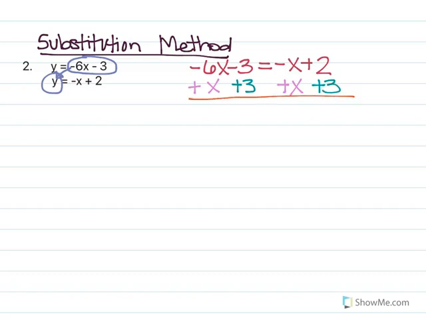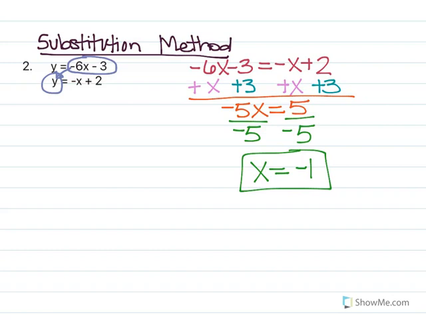So I will end up with negative 5x on the left, positive 5 on the right. And now, just to get x alone, all I have to do is divide by negative 5, and I end up with my x value of negative 1.